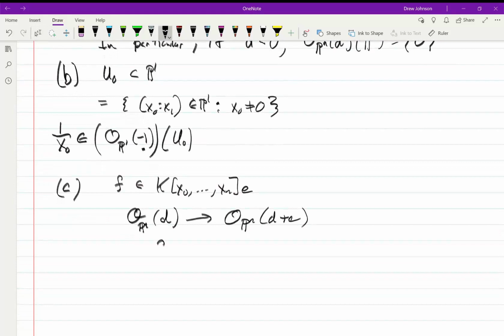And let me describe the map just by writing phi maps to phi times f. All right, can you guess what this map is just from that description?